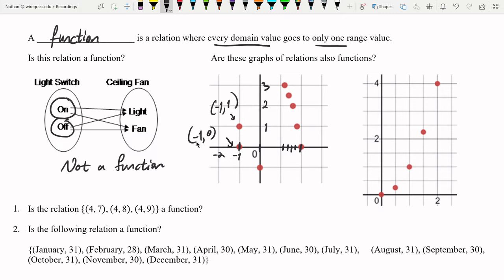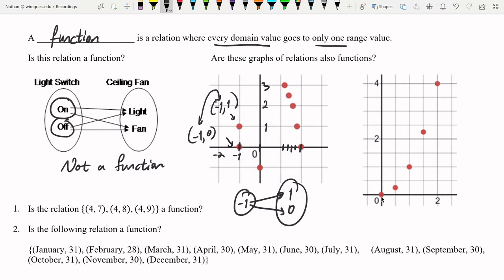And you can see we have two domain values that are the same. The x values are the same. If you were to draw this in a balloon, we would have -1 and then 1 and 0. -1 goes to 1 and -1 also goes to 0. So that's the same issue with this one. We have one domain value going to two range values.